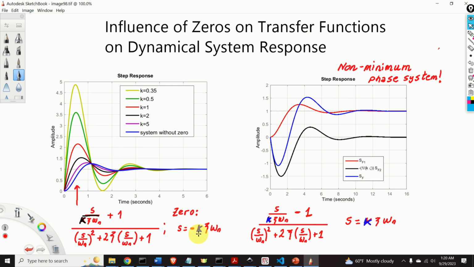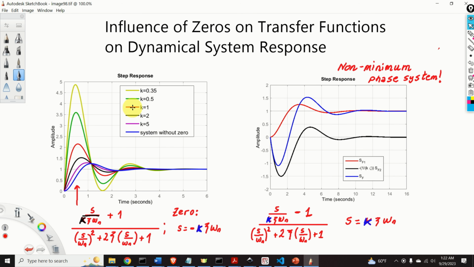By varying this parameter k, we can move the zero on the real axis left or right. By increasing k, we move the zero further left in the complex plane, and by decreasing k, we move the zero closer to the imaginary axis. Over here, you can see the effect of the zero on the step response of the system.